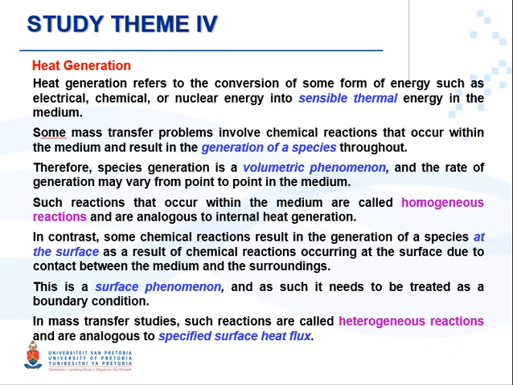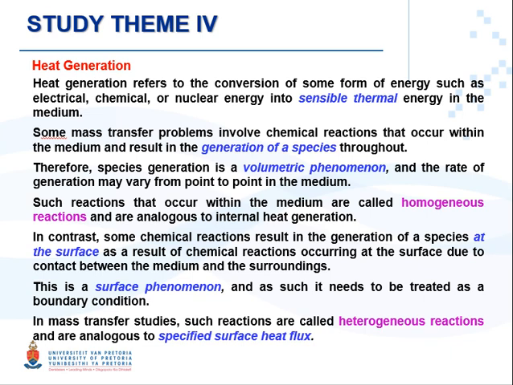Such reactions that occur within the medium are called homogeneous reactions, and are analogous to internal heat generation. The concept is very similar to the concept of internal heat generation.